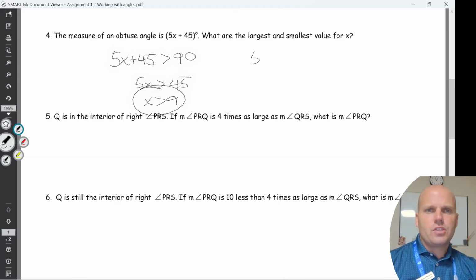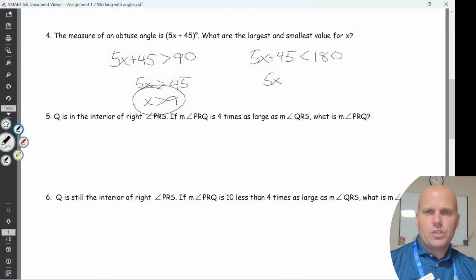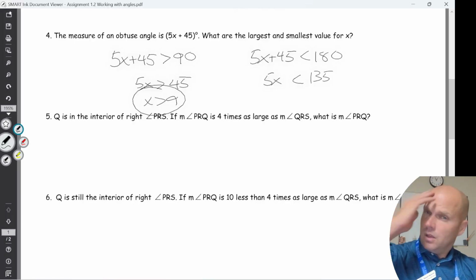But we also want to consider that obtuse angles don't go past 180. So we're going to say that these angles have to be less than 180. And if we subtract, we can say 5x has to be less than 135.